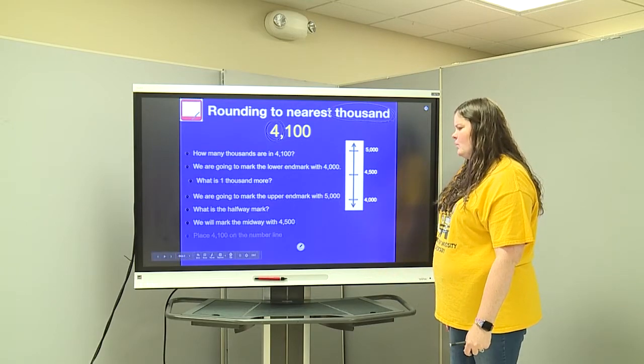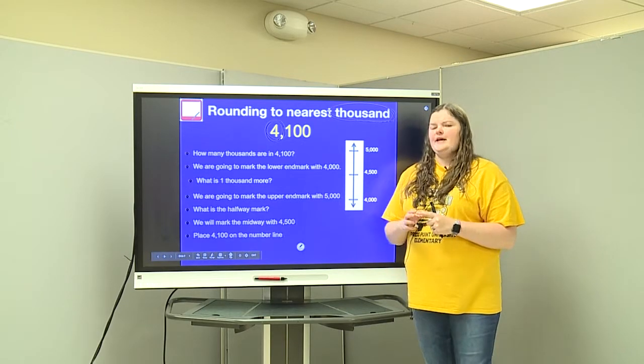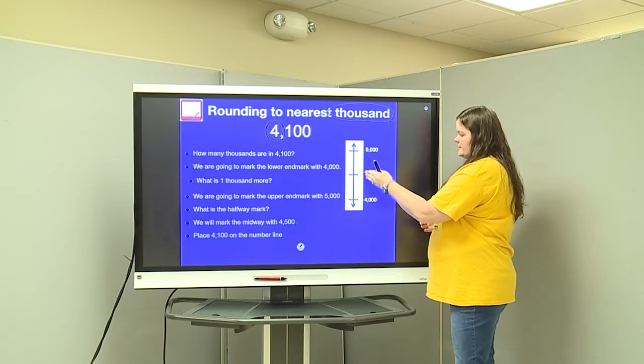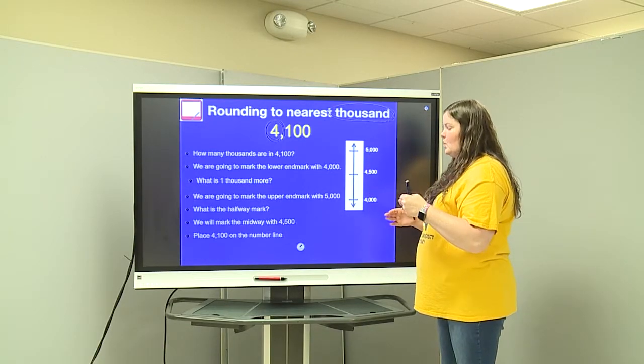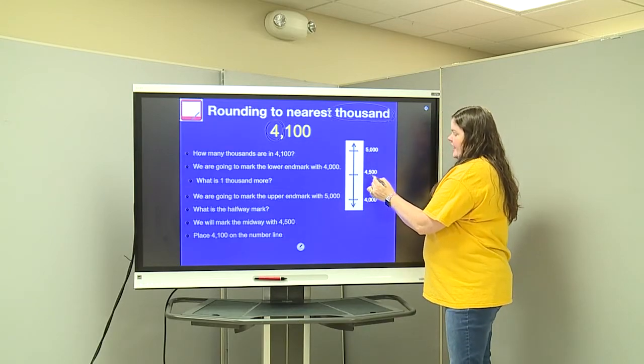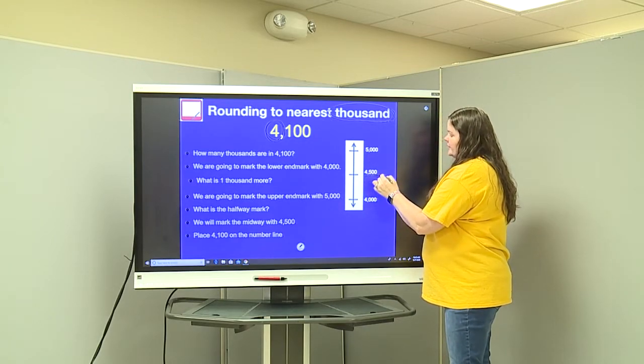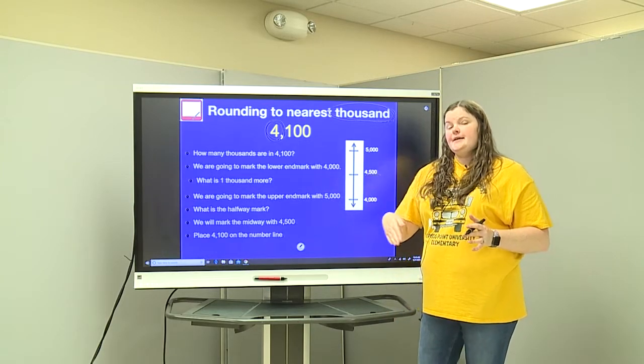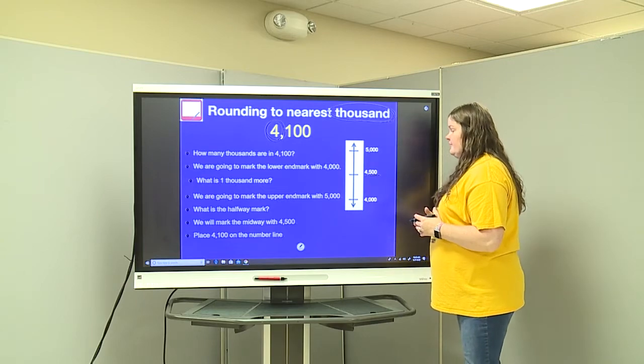Now we need to figure out where we can put 4,100 on this number line. So let's just look here. I know 4,100 is definitely not going to go at 4,500. That's too much. So I need to think about going lower than 4,500.